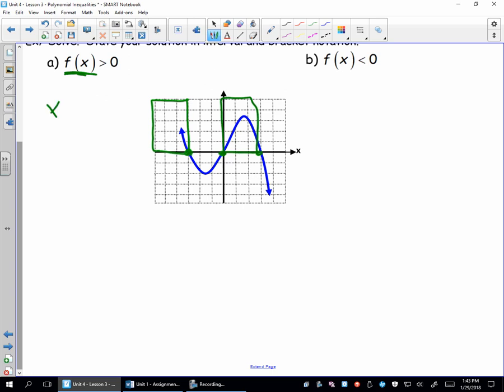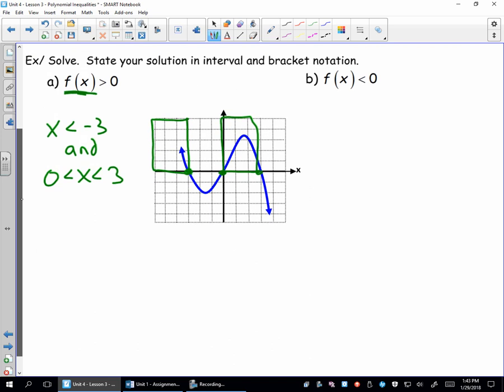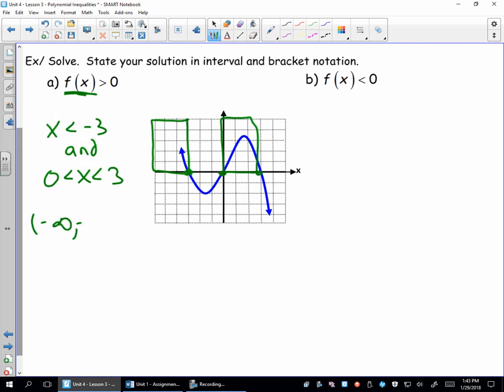I would say I'm above 0 when x is less than -3, and from 0 up to 3. And that would be my interval notation, or from -infinity to -3, comma, 0 to 3. I'm using round brackets because I have a greater than sign in my question. I don't want to know when I'm at 0, I want to know when I'm above 0.